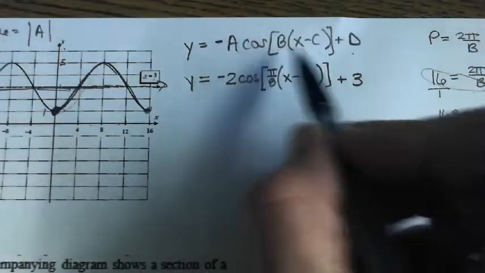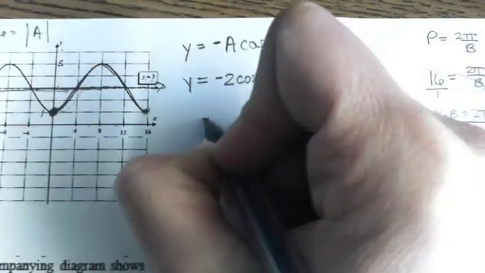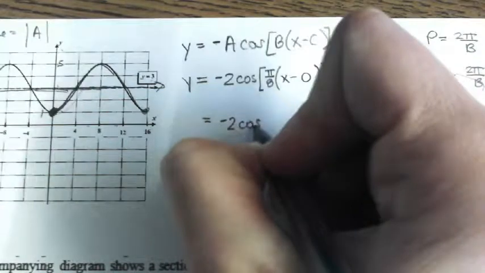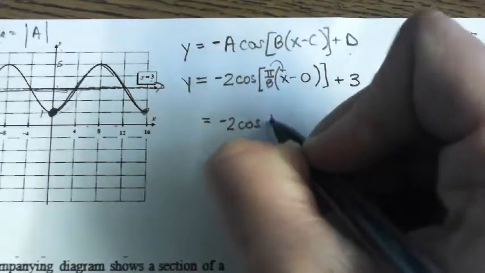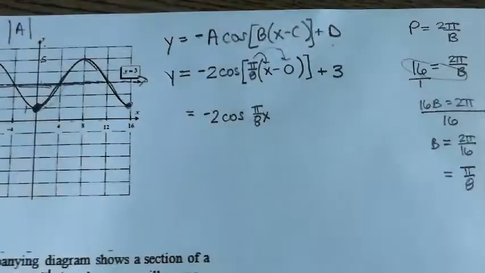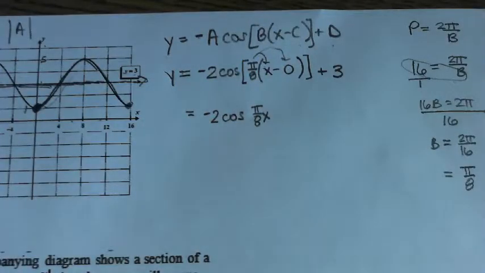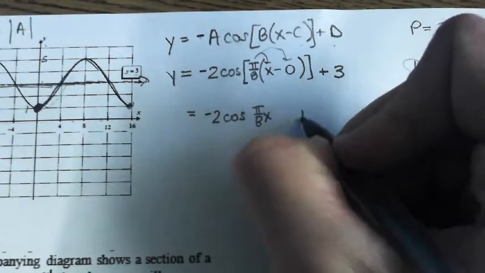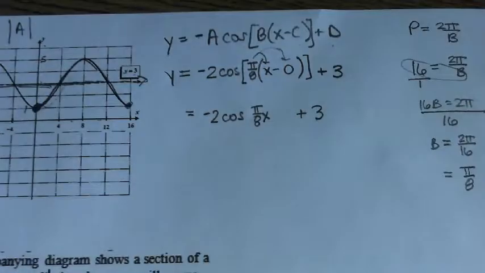We just would want to clean up this x minus 0. So negative 2 cosine of pi over 8x, and then pi over 8 times 0 is ignorable, and then the plus 3 at the end.